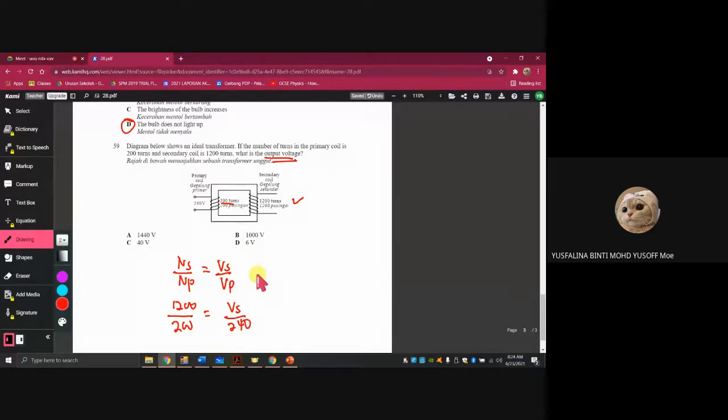So you just cross multiply: 240 times 1200 equals 200 VS. So 240 times 1200 divided by 200, you will get 1440. So the answer is A. Very good.